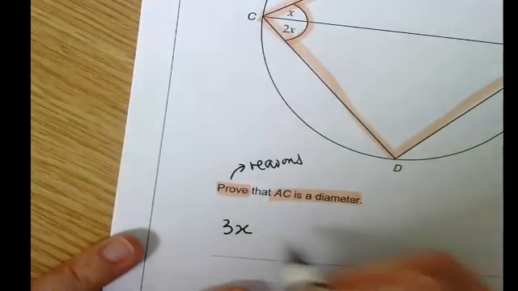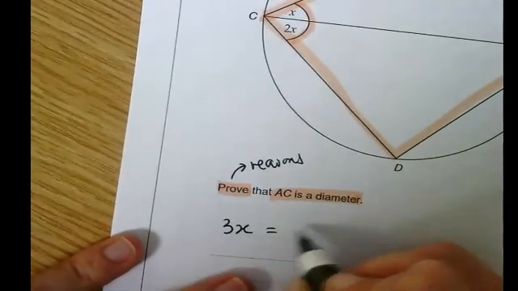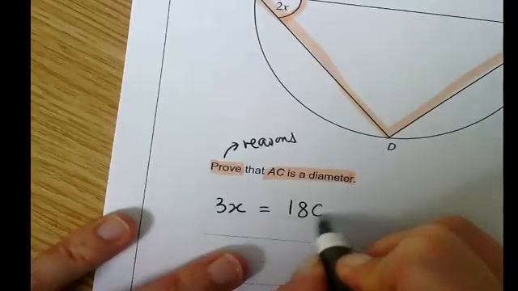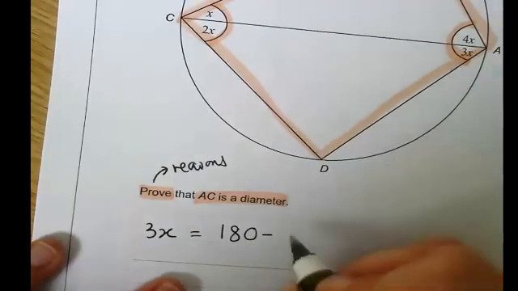So what I'm going to do is start by saying that 3x is equal to 180 subtract 7x, and this is 7x here.